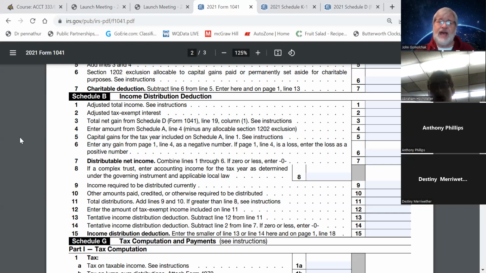Okay. So now, if you remember back to, or if you studied the personal taxes, you'll see that if you have a significant capital loss, it's going to be capped at $3,000, right? For individuals. Same rule applies here on the 1041.